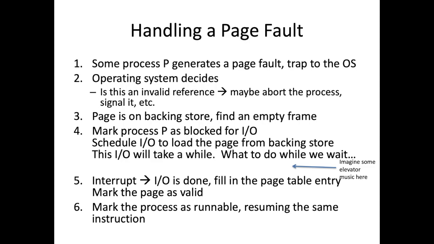So we can think of main memory as holding a subset of the pages that are out there on backing store. If the page is out there on backing store, the OS is going to have to find an available frame to bring it into. It's going to have to block process P, because until we've brought it into memory, that process can't access the next thing it wanted to do.